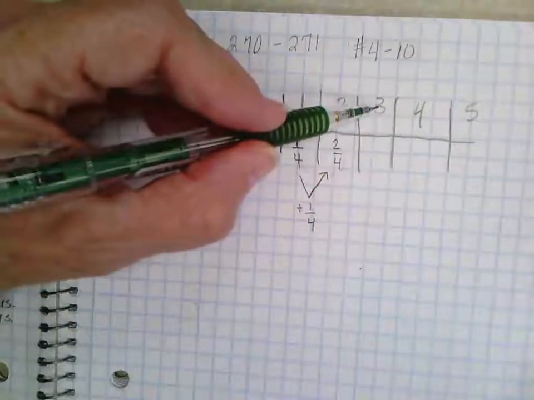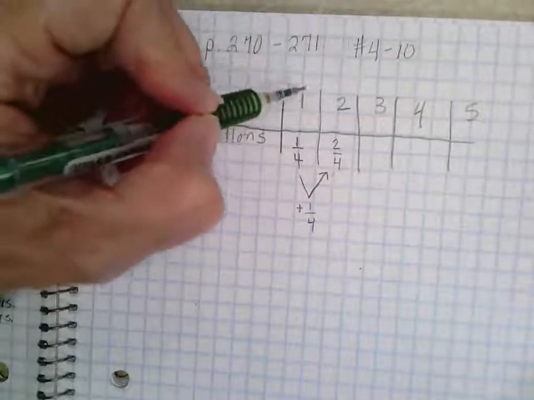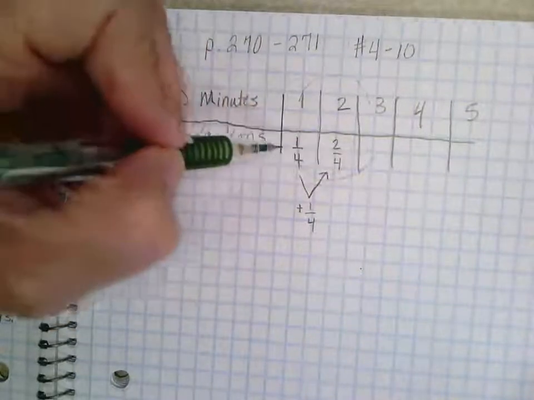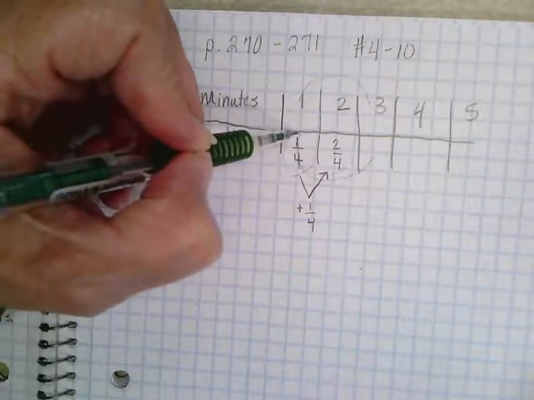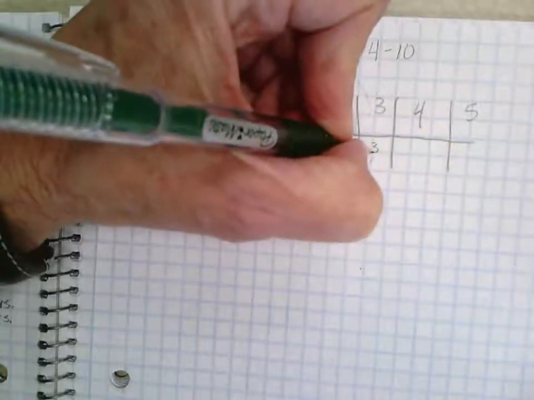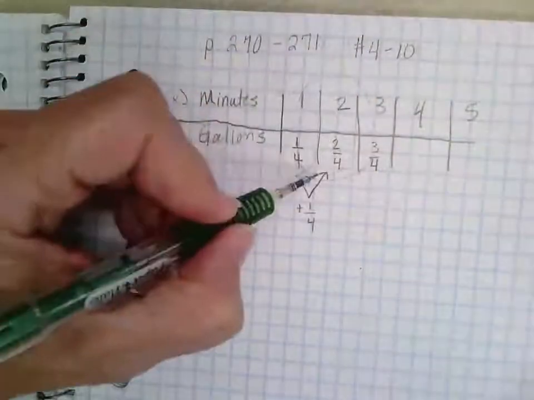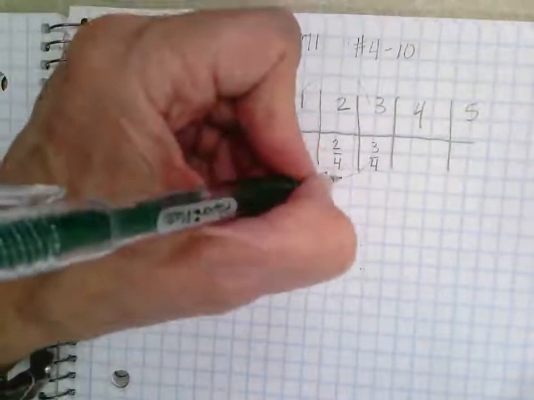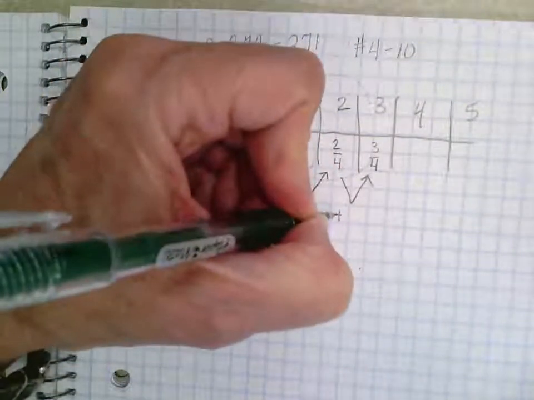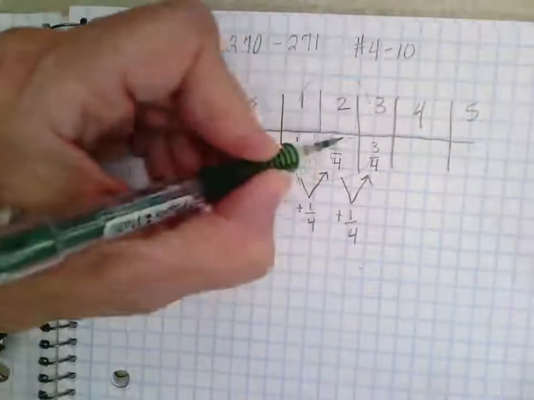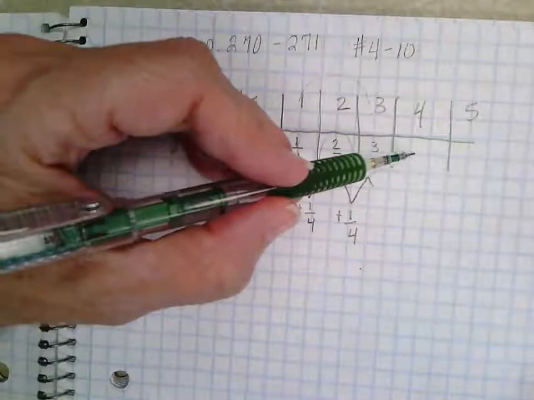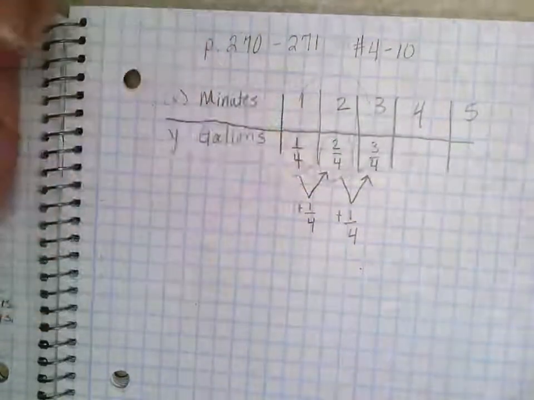After 3 minutes, I can multiply 1 times 3 to get 3, and 1/4 times 3 to get 3/4. Or again, I can simply add 1/4 to my previous quantity to get what's in the fourth column.